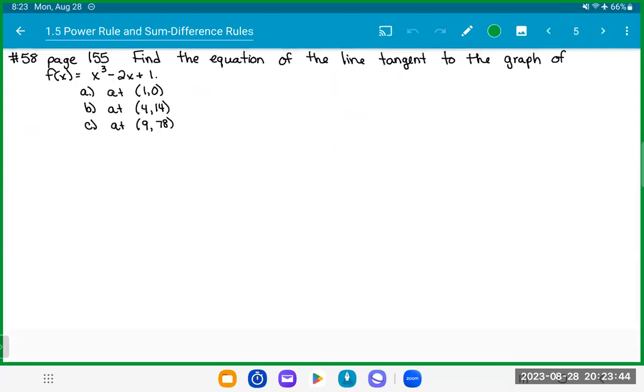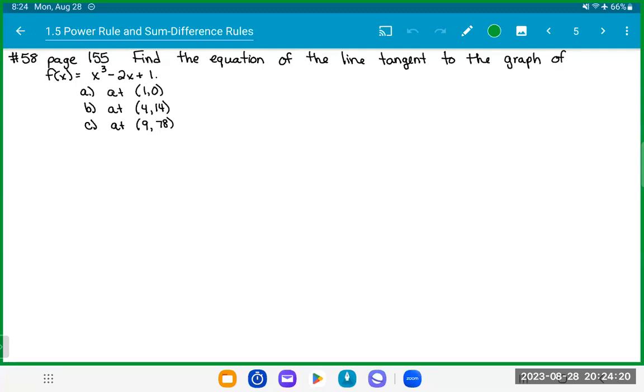All right. So this next problem, page 155 in your textbook, asks us to find the equation of a line tangent to the graph. And so, like the previous section, let's look at the first one, and then actually, since the first one is 1, 0, let's look at the second one, and then I'll tell you what the other two parts are.